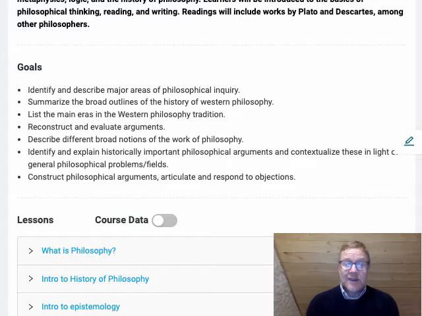The goals are to identify and describe major areas of philosophical inquiry, to summarize the broad outlines of the history of Western philosophy, list the main eras in the Western philosophy tradition, reconstruct and evaluate arguments, describe different broad notions of the work of philosophy, identify and explain historically important philosophical arguments and contextualize these in light of general philosophical fields, problems, or trends, and to construct philosophical arguments and articulate and respond to objections.